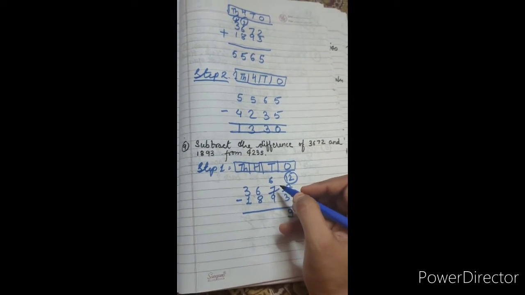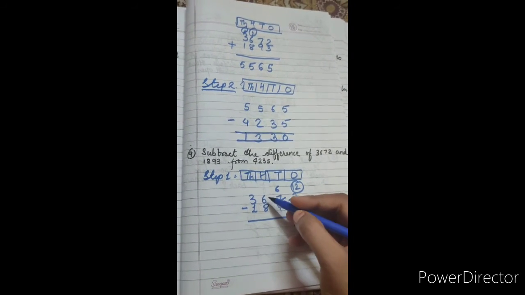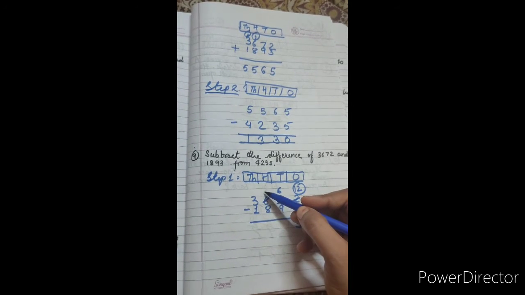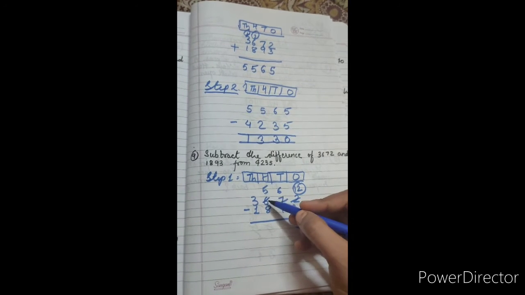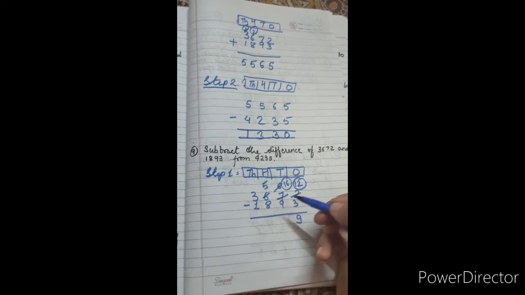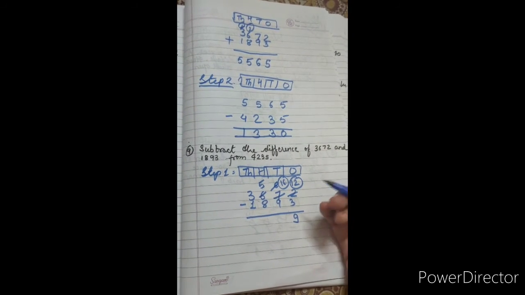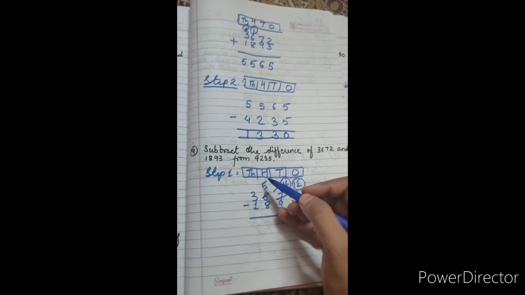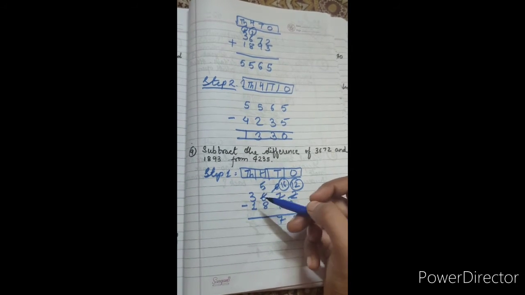And now subtracting tens. We want to subtract 9 from 6. So from the 100, we borrow 100 and 500 are left. And 100 plus 6 tens becomes 16 tens. So 16 minus 9 is 7. So write 7 under tens column. Now we subtract 8 from 5. So 5 is less than 8.